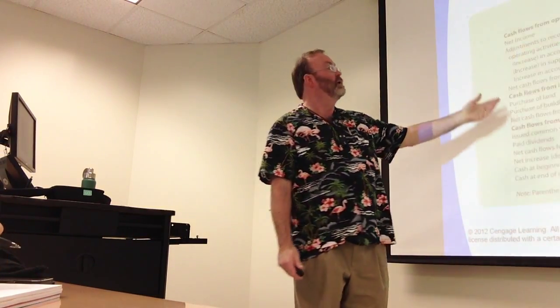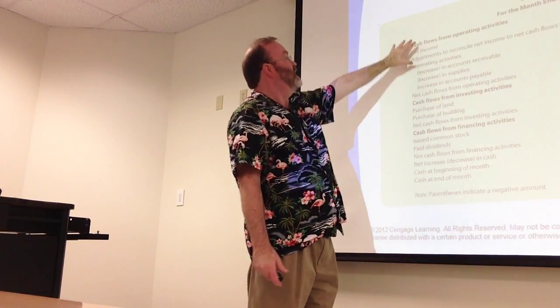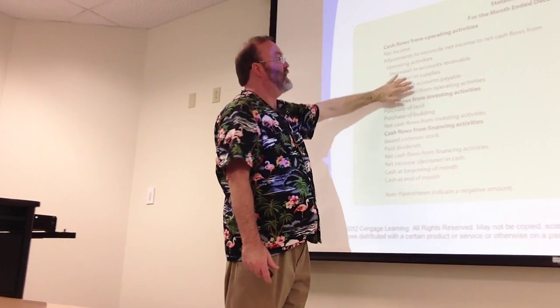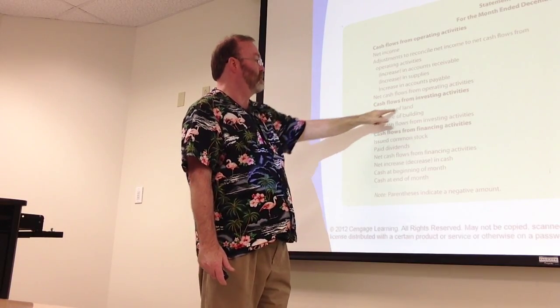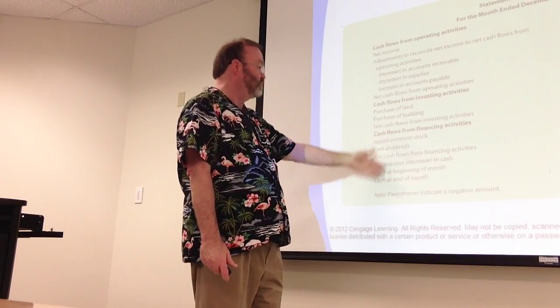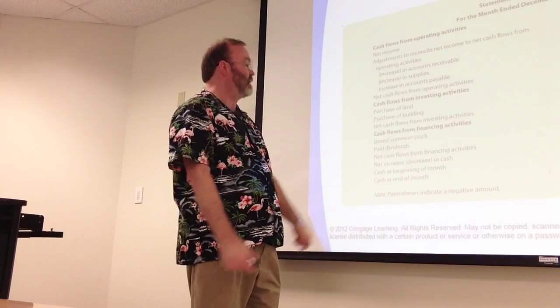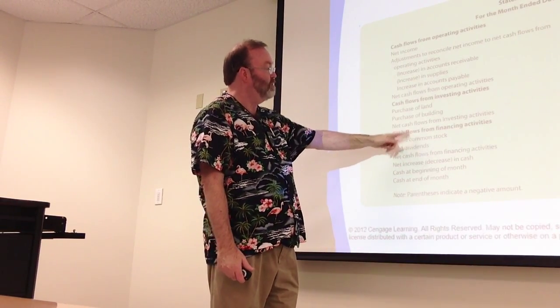All right? So you start with net income. You make some adjustments. Here's your operating activities. This is everything you did on a day-to-day basis. Here's what you invested it in. You bought some land. You bought some building. Here's where it came from. You sold some new stock, paid some dividends. If you borrowed some money, that would be in here.